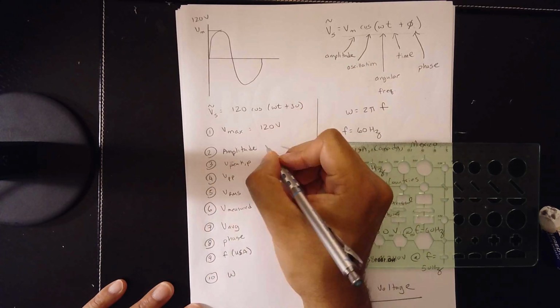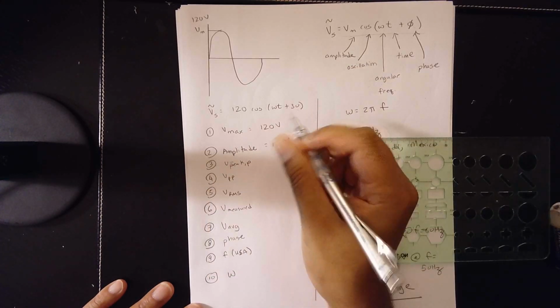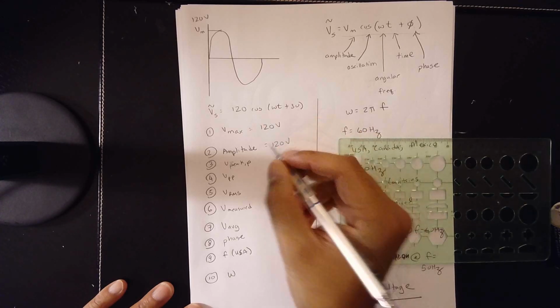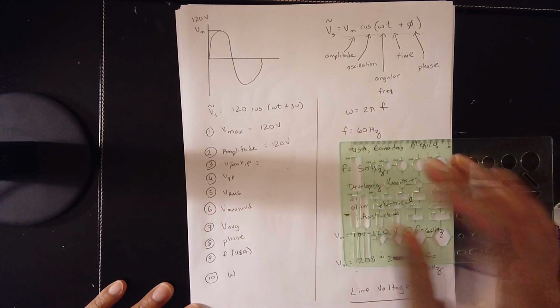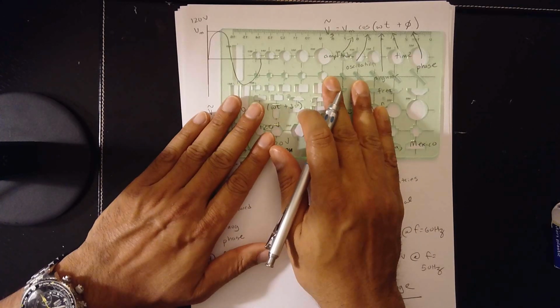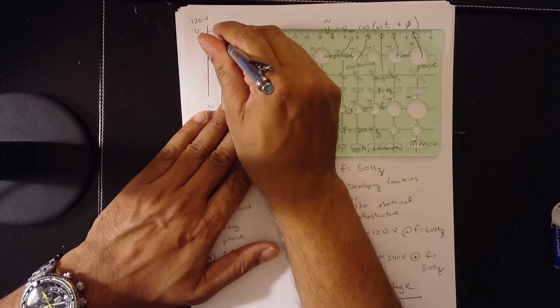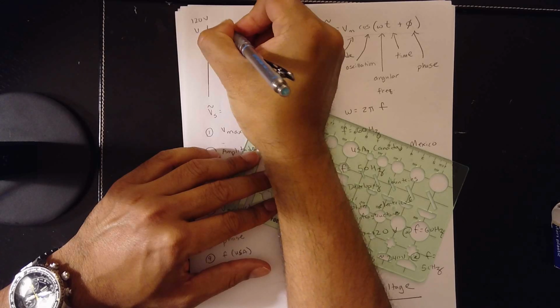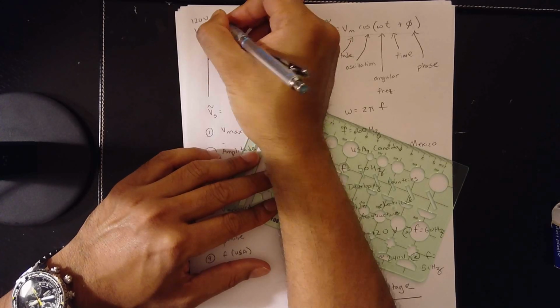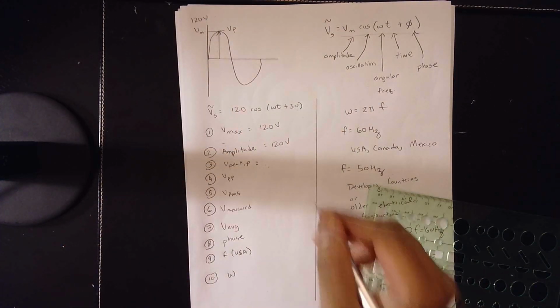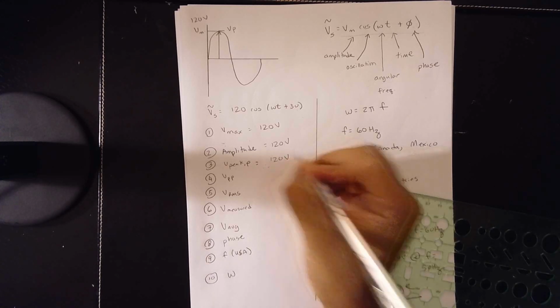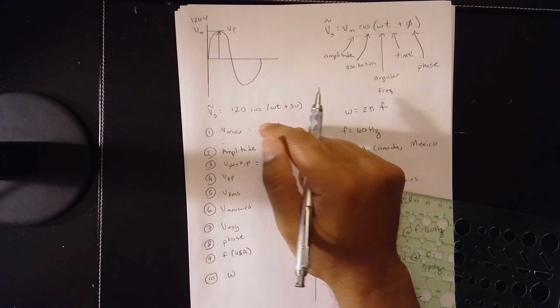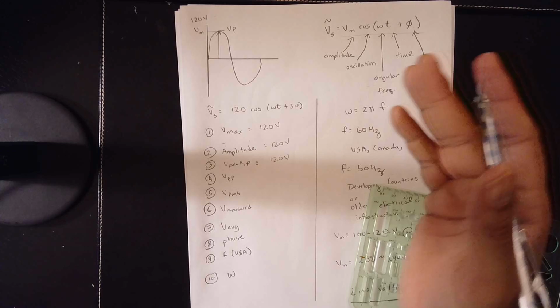My amplitude is also 120 volts. These mean the same thing. V peak is simply, I come here, draw an arrow to the top. That's also my V peak, which is V max, which is 120. So max, amplitude, and V peak mean the same thing.